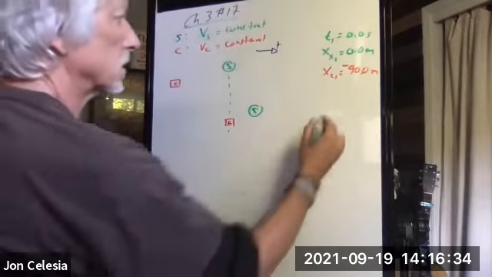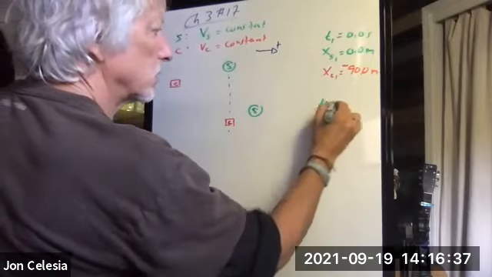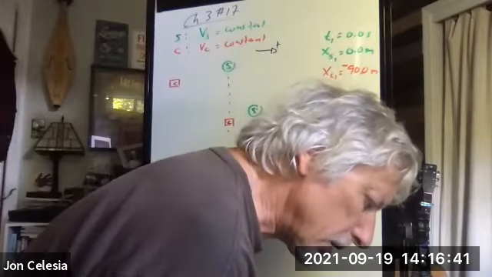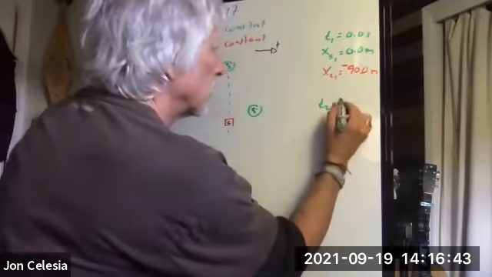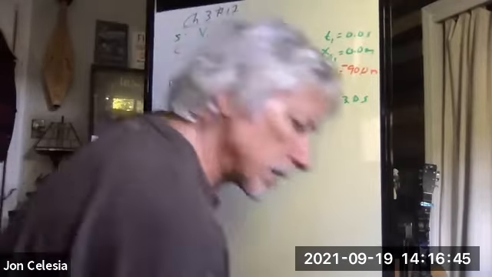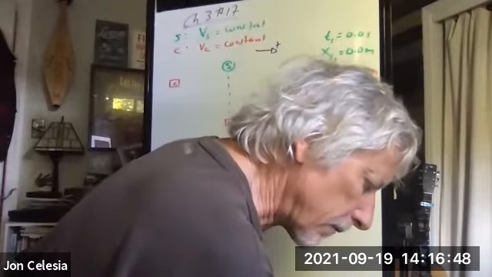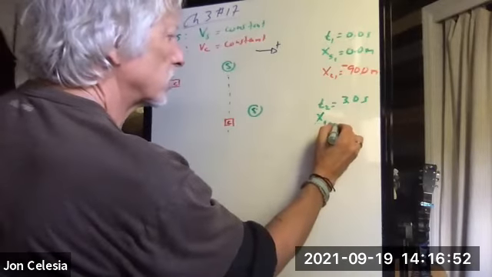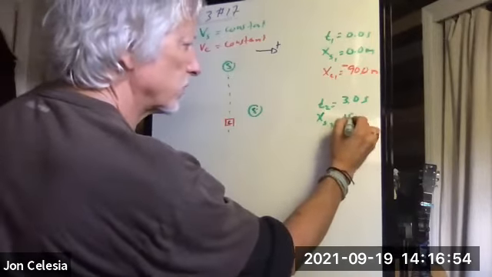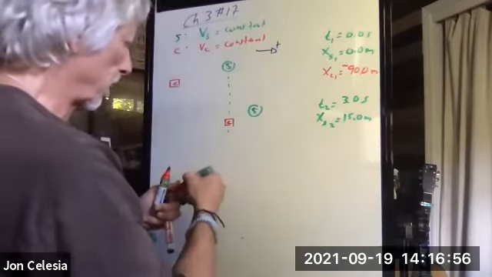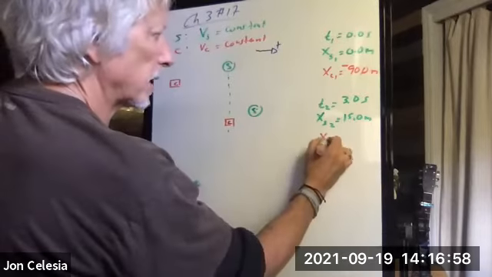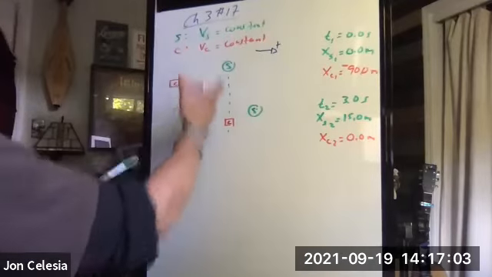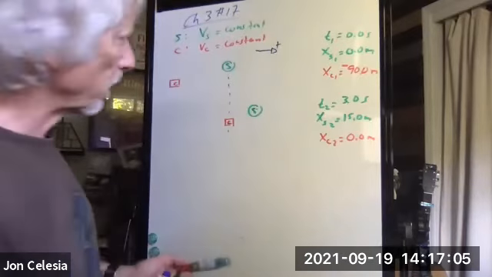Okay, so T2, I could do that blue since it's the same for both of them. You take your time with this stuff, then it's a lot faster. So x of Sage 2 is 15.0 meters. Now x of the cheetah 2 is 0.0 meters because I'm talking about position.